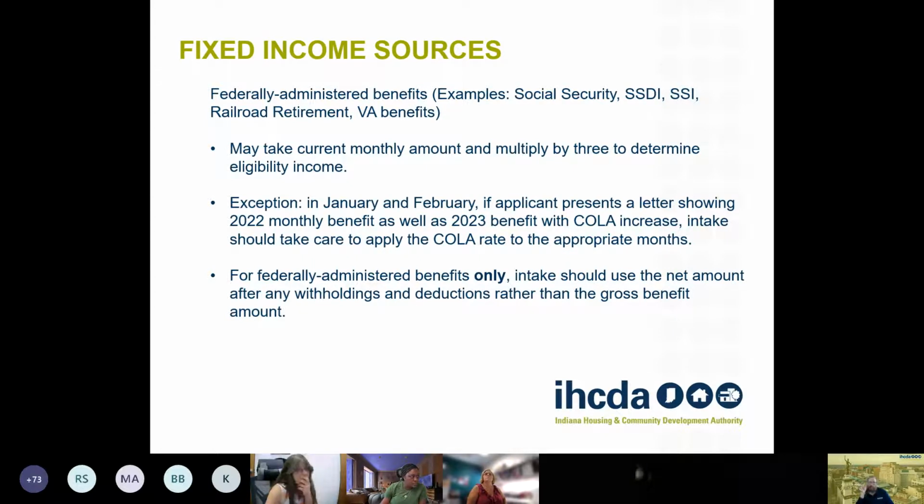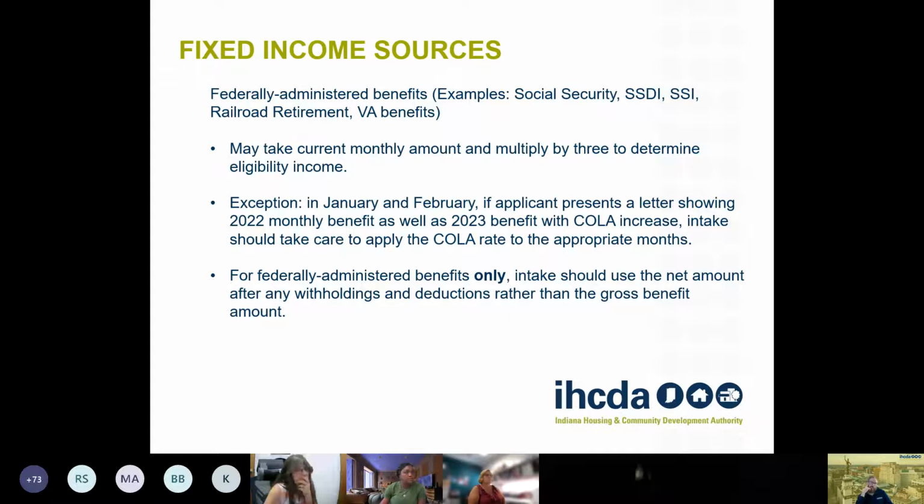Of course, if it's a mixed income household where you're taking the most recent 3 complete months, then it would be perfectly acceptable, as long as the situation applies, to just use the 2022 amount and count October, November, December in order to match the earned income for the other household members.